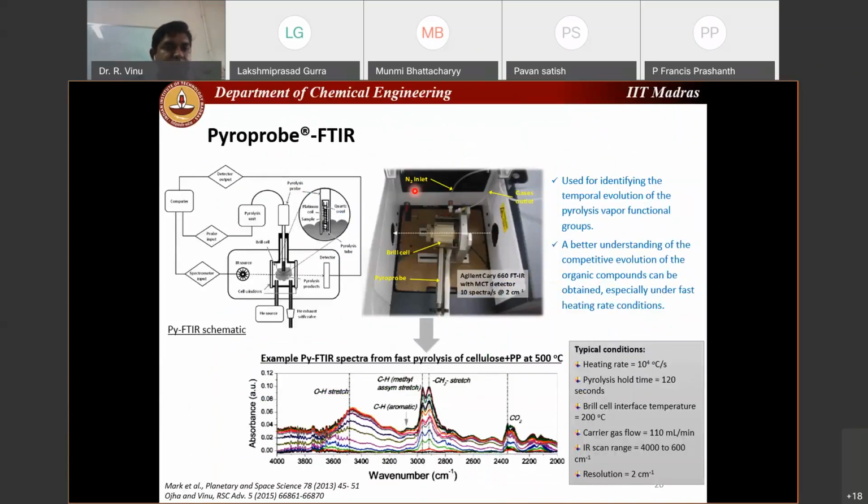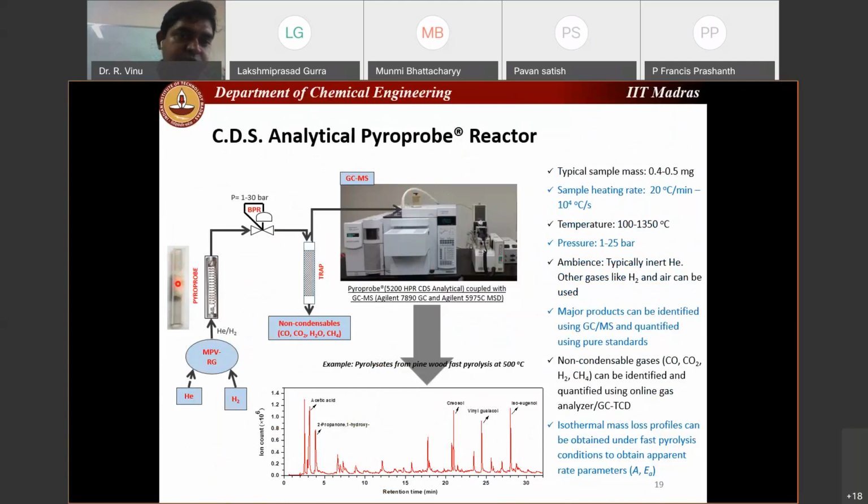So yeah, this is a typical construction of the pyro probe. In my opinion, there are a lot of heated transfer lines and heated paths that the pyrolysis vapors have to go through in a pyro probe reactor. I don't know if this is the exact reason, but this is what I think can be a reason.